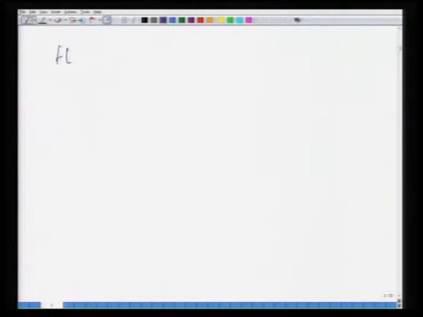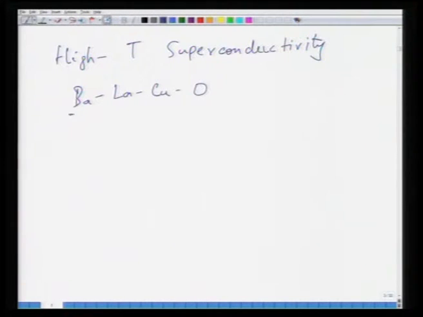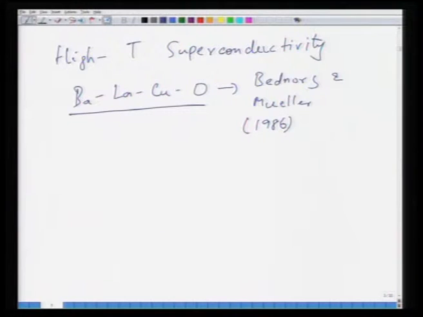High temperature superconductivity became an intense topic of research after its discovery in an oxide of barium, lanthanum, copper and oxygen by Bednorz and Muller in 1986, not too long ago.